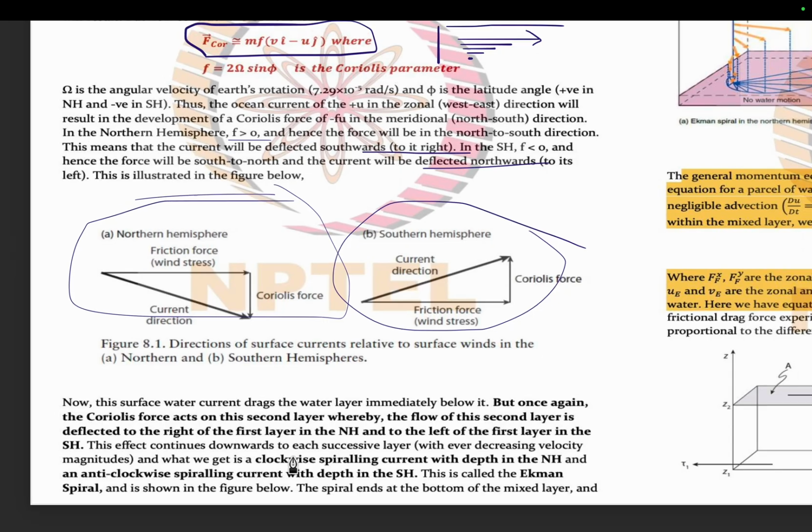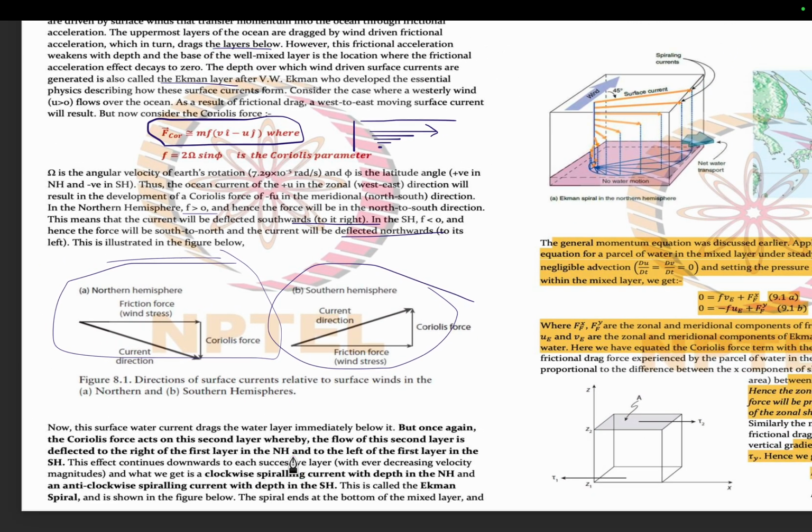Now this surface current will drag the water layer below it immediately. Once again, the Coriolis force will act on the second layer, whereby the flow of the second layer is deflected right of the first layer in the northern hemisphere and left of the first layer in the southern hemisphere.